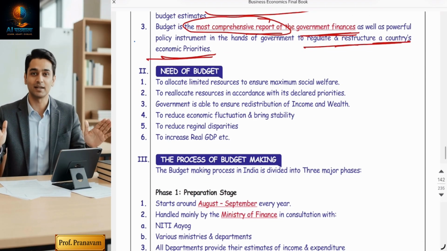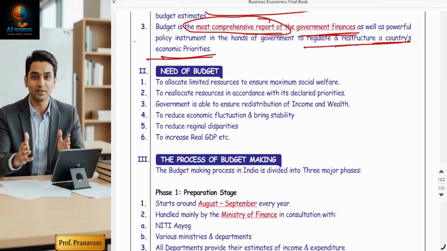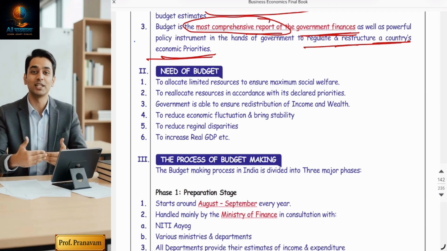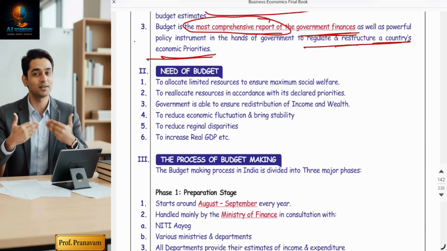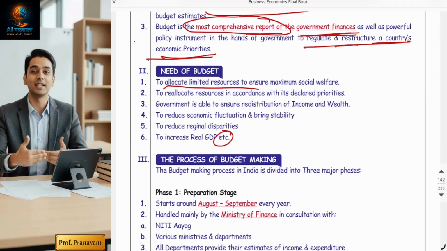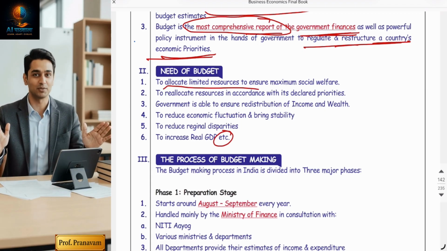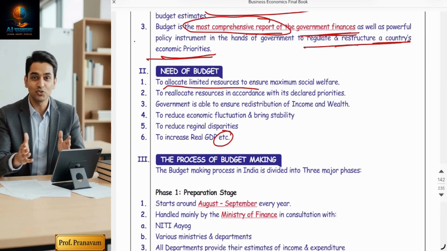Now the next question arises: the need for the budget. Why does the government make budgets? Friends, there are many reasons, and out of them six reasons have been noted. The first reason is to allocate limited resources and to ensure maximum social welfare. Since resources are limited, the government must decide who gets how much.